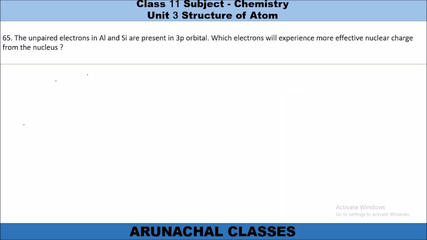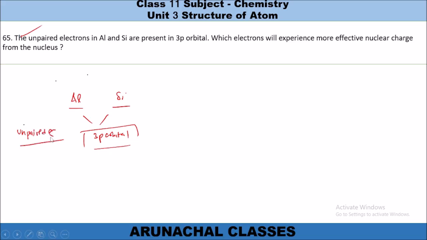Moving to question number 65. The unpaired electrons in aluminium and in silicon are present in 3p orbitals. Which electron will experience more effective nuclear charge?